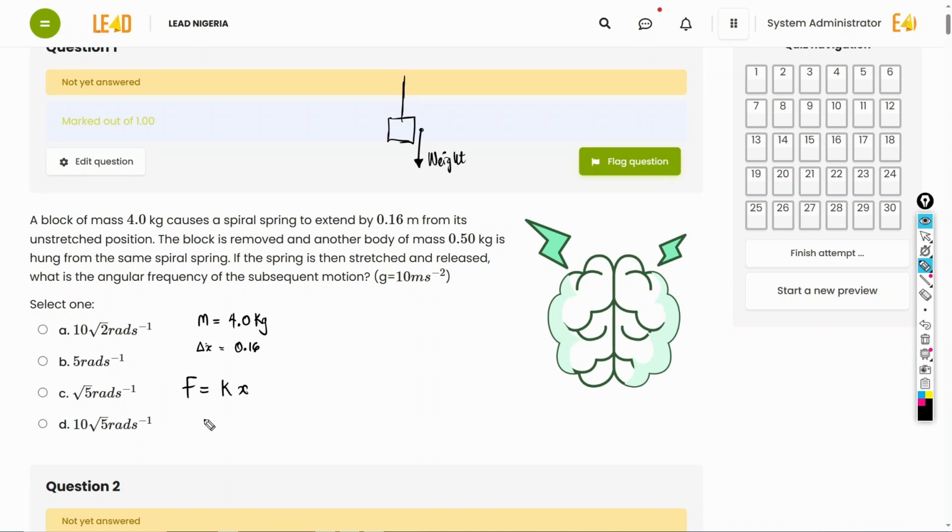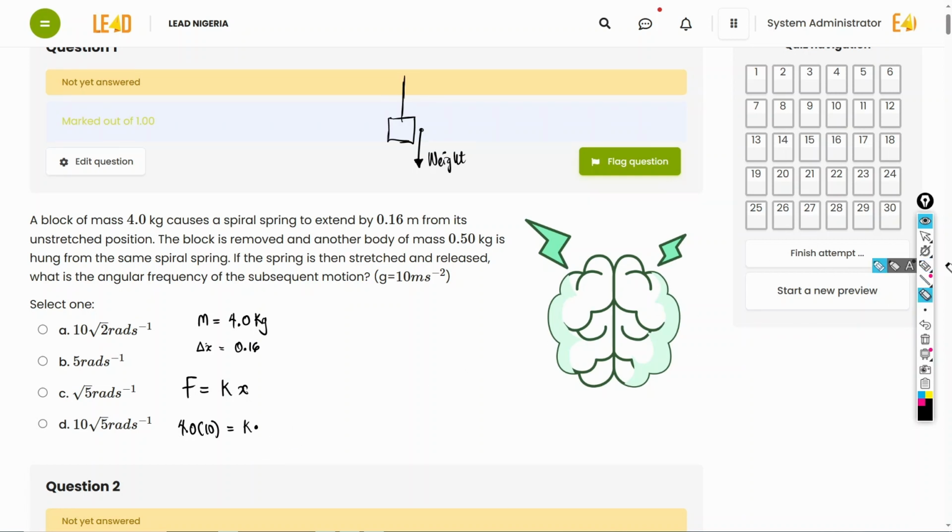So that means we're going to have F, which is 4.0 times 10, that's mg, mass times acceleration due to gravity, is equal to the force constant times x, which is the extension.